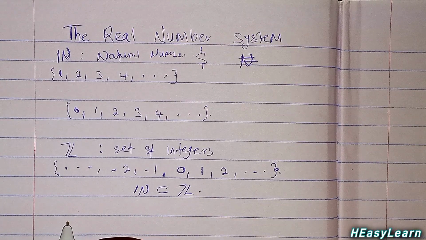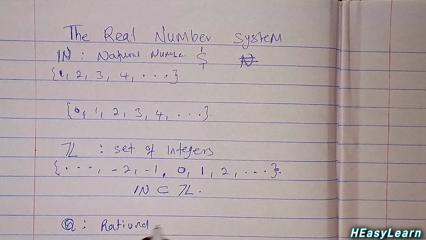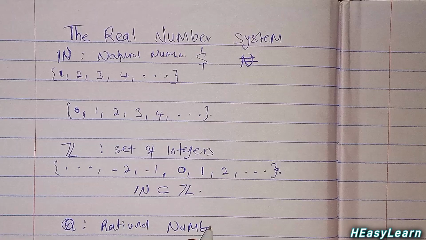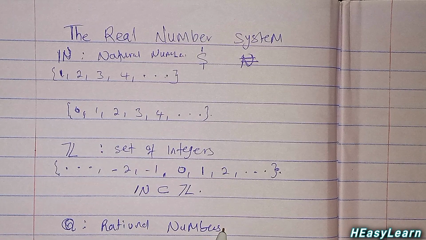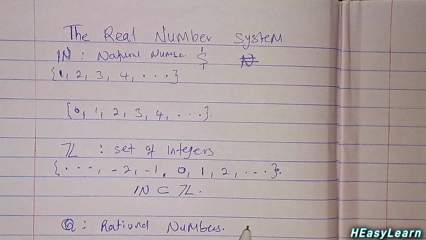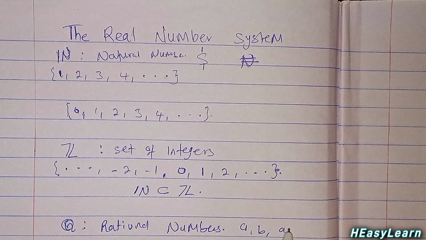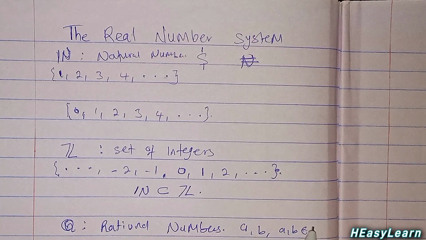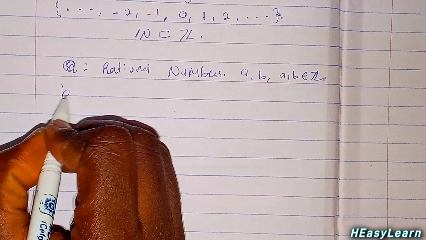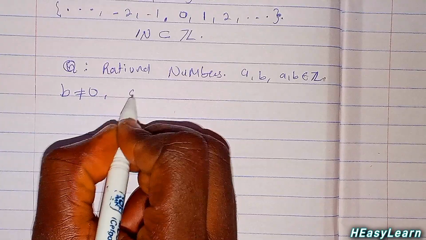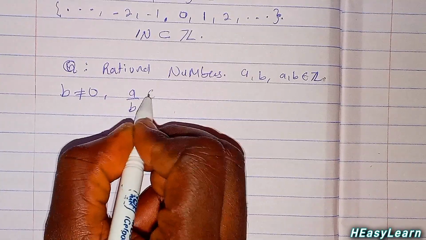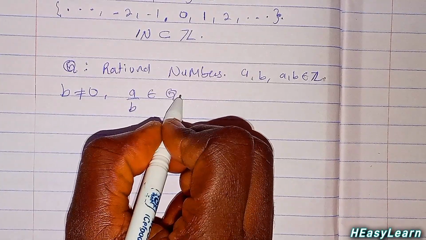If you have the symbol Q, this is called the set of what? The set of all rational numbers. How do these numbers look like? These are numbers in the form of a fraction, or numbers that you can write as a/b, for which a, b come from the set of integers, b must not equal 0, and a/b belongs to the set of rational numbers.